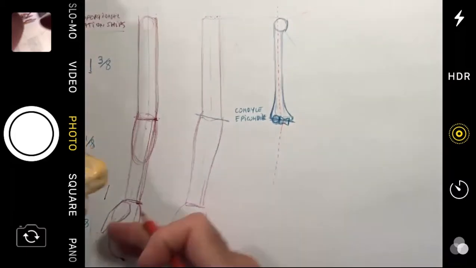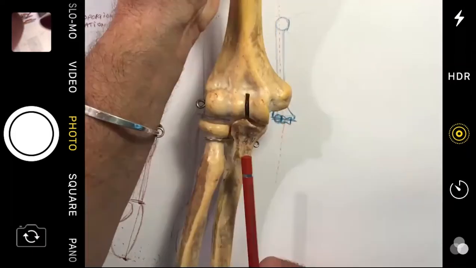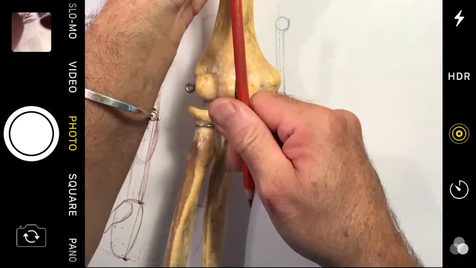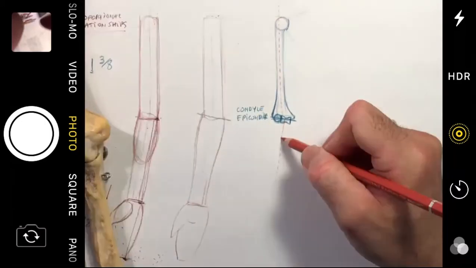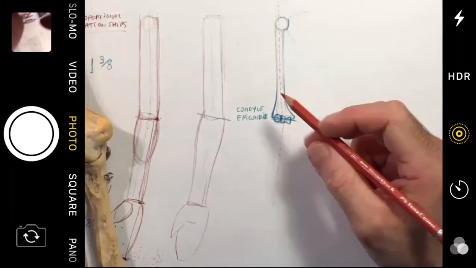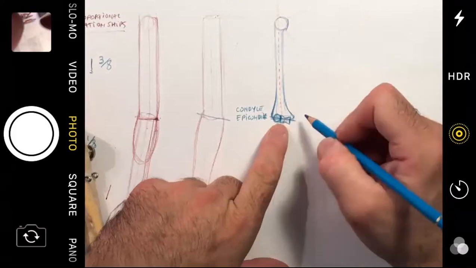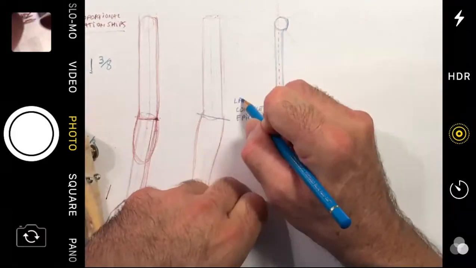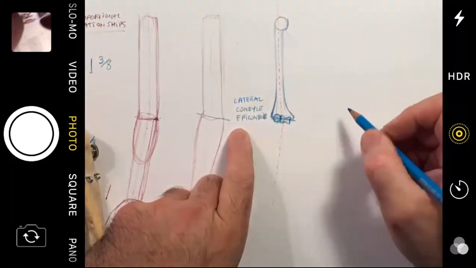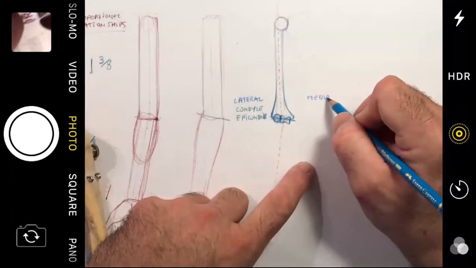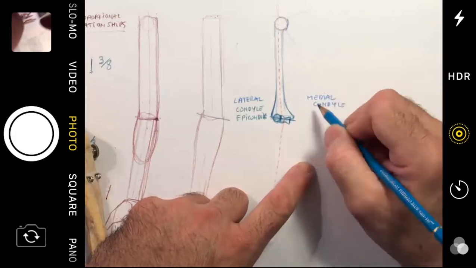This is the axis, and from the humerus it will go straight down like this, and then move to the side. So the forearm is going to be at an angle like this. So these are the lateral condyle and lateral epicondyle. These are the medial condyle and epicondyle.